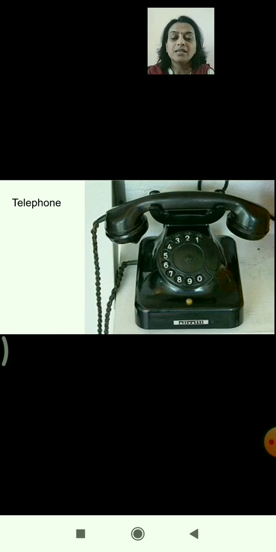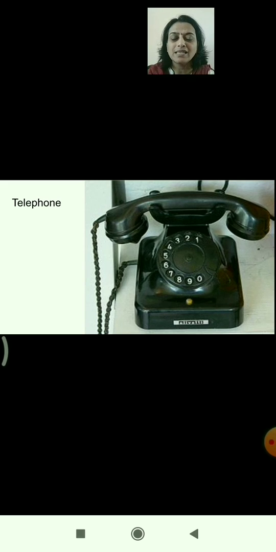Then came the letters. We had different types of letters, like the inland letter, postcards, and so on. Letters were written and posted, and the person whose name was written on the postcard used to get the message. Then we had the telephone.